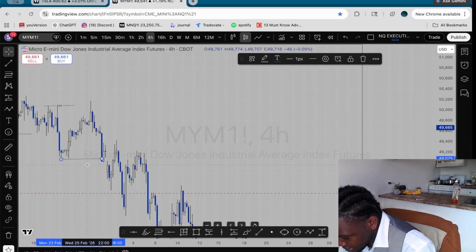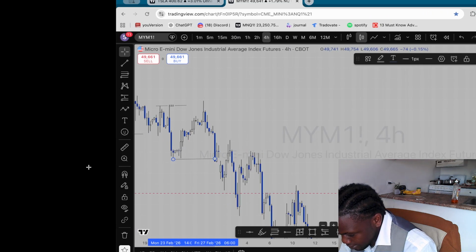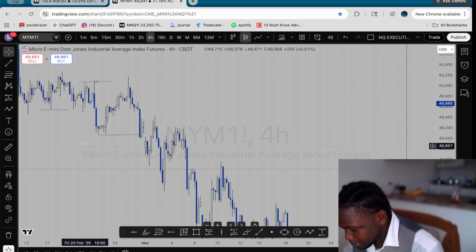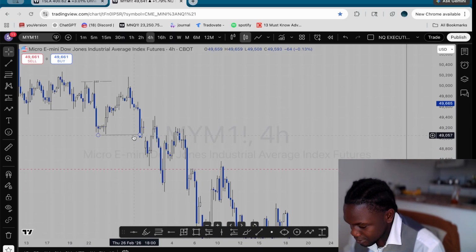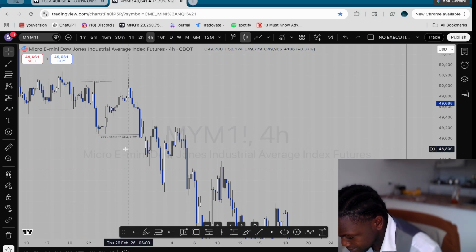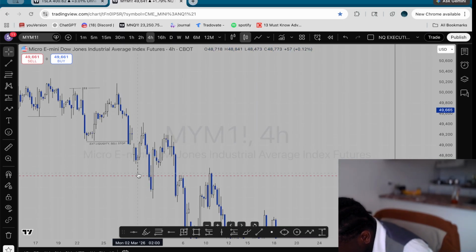But do you notice that, alright, price takes out this low for a new break of structure, right? Let me just tag that external liquidity, and then it forms a new low right here. So we took out this old low, formed a new low right here.